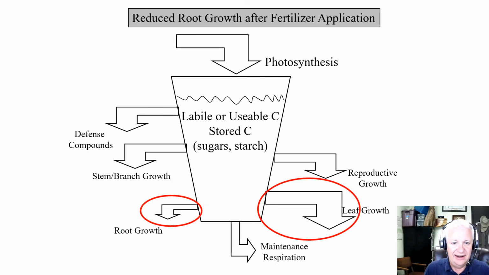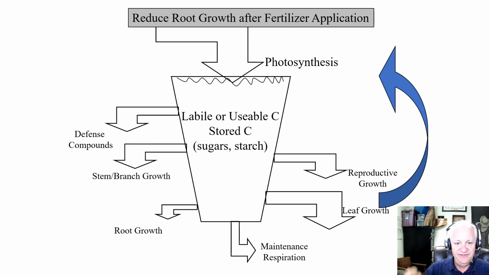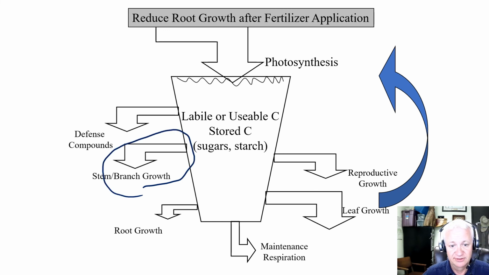When we fertilize, that root growth goes down and leaf growth goes up. When leaf growth goes up, that feeds back, and we get a much larger amount of photosynthesis, and therefore much greater input of carbon to the bucket, which enables then increased productivity, increased stem and branch growth. So that's really the mechanism of growth response of pines to fertilization.